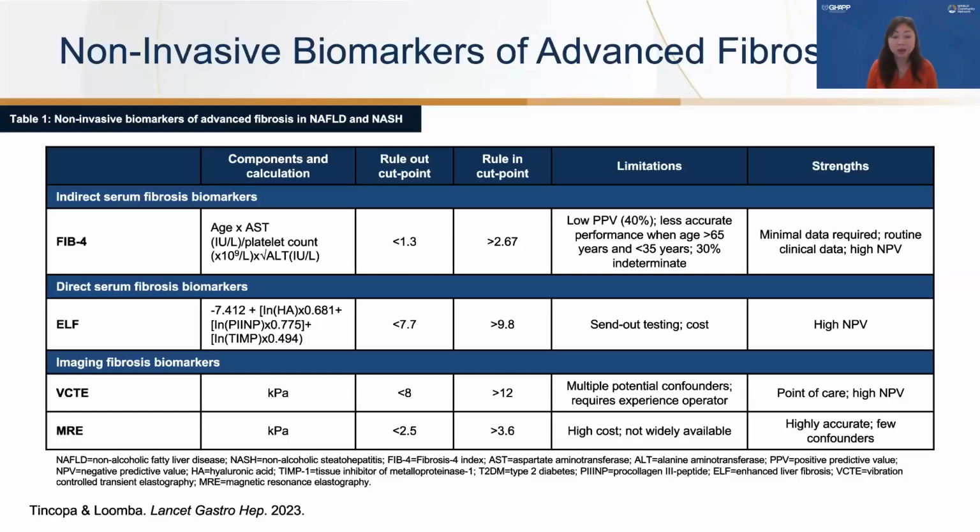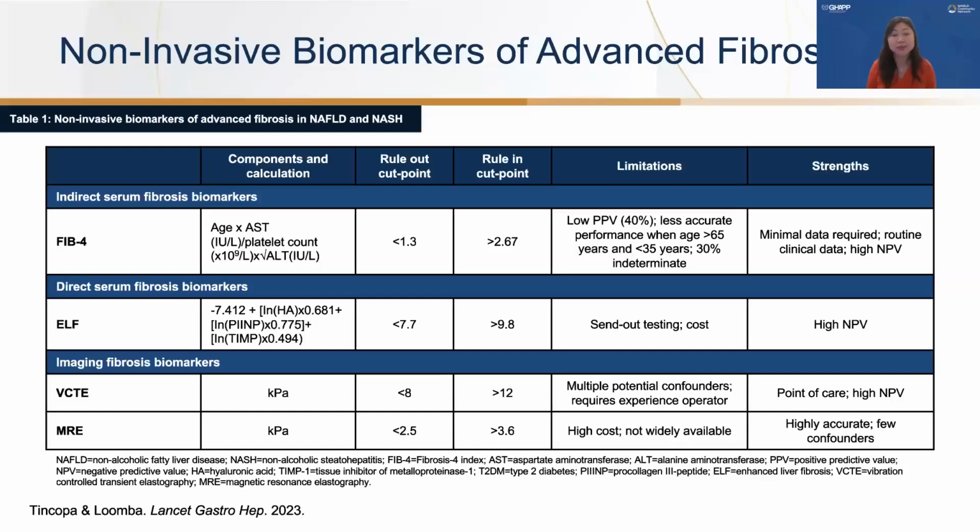MRI elastography also uses liver stiffness as its biomarker, but if you look here, the stiffness range is different from the FibroScan test, so you want to be mindful of that when you're reading your report. For MRI elastography, if your score is less than 2.5 kilopascal, these are low-risk patients for advanced fibrosis.